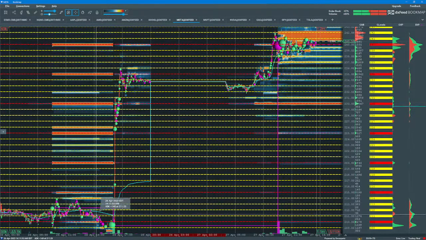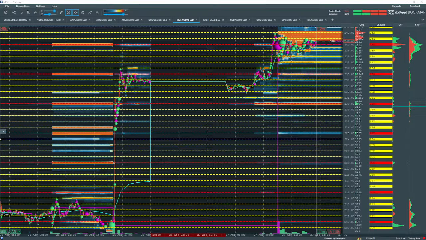So over here, this is yesterday. On the left, this is the move after Meta reported earnings after the close, and then the uptrend continues today until finally it looks like price is kind of clustered around the 240 level.